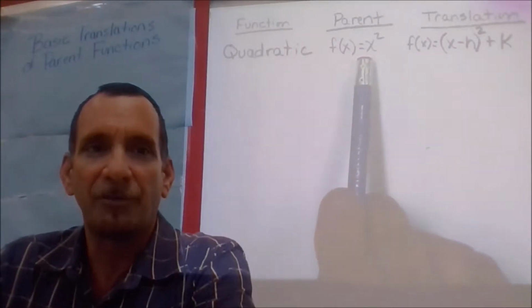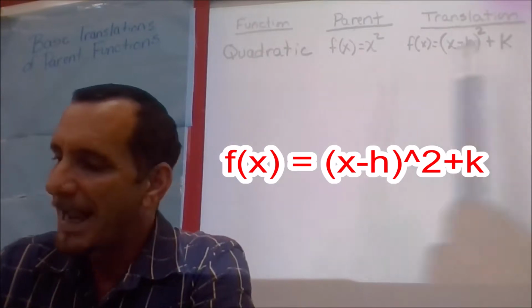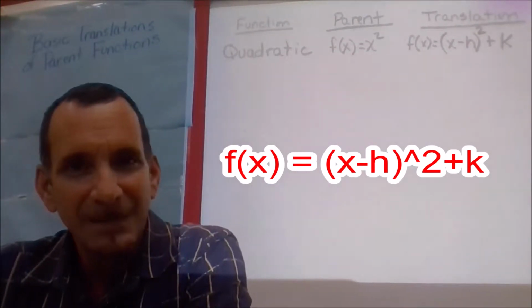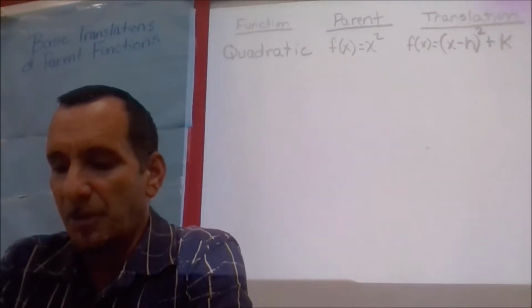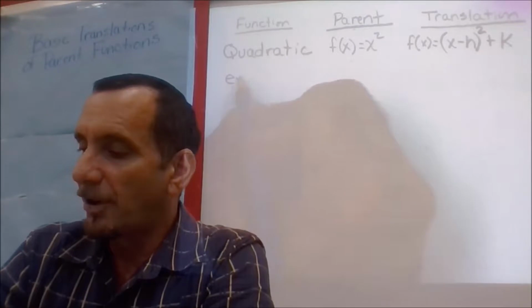Function of a quadratic function and the basic translation of the function, and now we're going to look at that for some other functions. So the next one that I'm going to look at is an exponential function.